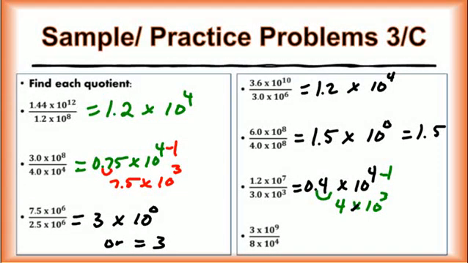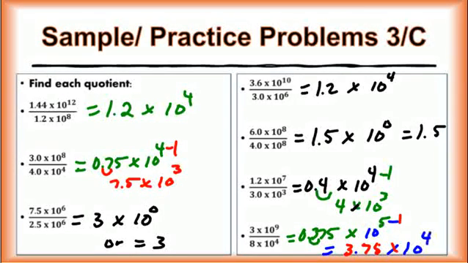And the last one on this slide, we have 3 divided by 8 gives us 0.375. This is times 10. 9 minus 4 is 5. Not in scientific notation, move it 1 to the right. So our answer would be 3.75 times 10 to the 4th power.